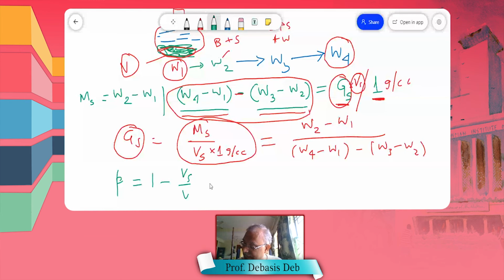Now you can see this one, I can write 1 minus, even if I'm writing now in weight format, Ws divided by gamma W. That's why this is now coming into Gs. This is in the top. And in the bottom is Ws divided by gamma d.